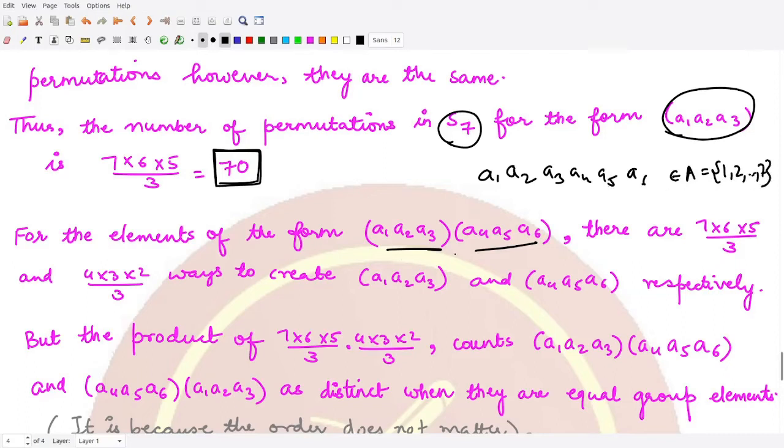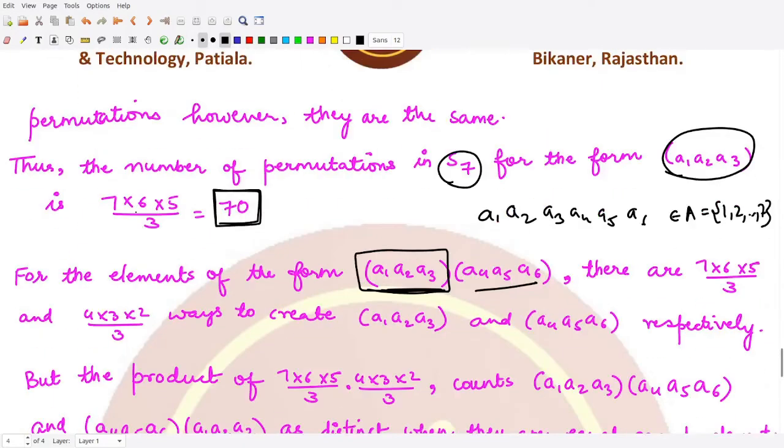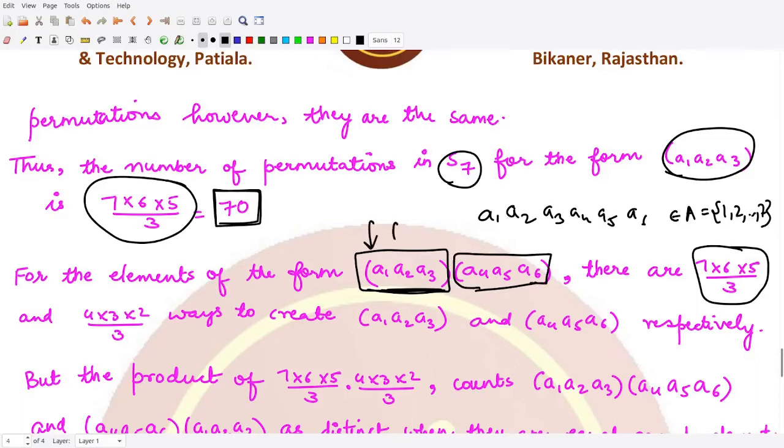Now for choosing the numbers A1, A2, A3, we proceed in the above manner, so we have 7 into 6 into 5 divided by 3 choices to create this triplet. And for the second one, A4, A5, A6: now A1, A2, A3 are fixed, so we are left with 4 choices. Out of 1 to 7, we have already chosen 3 numbers as A1, A2 and A3.